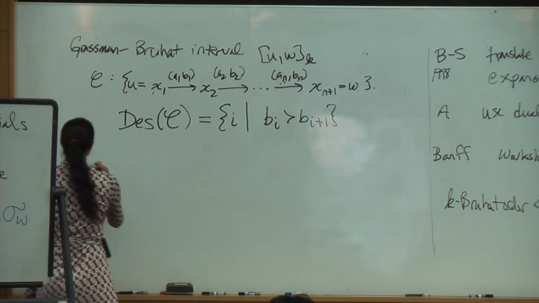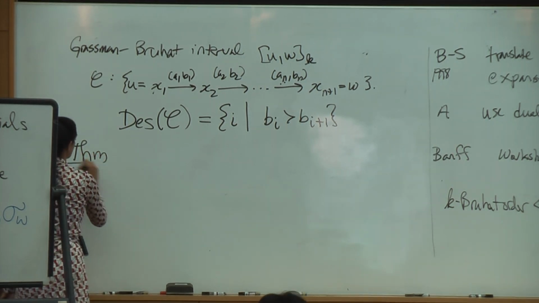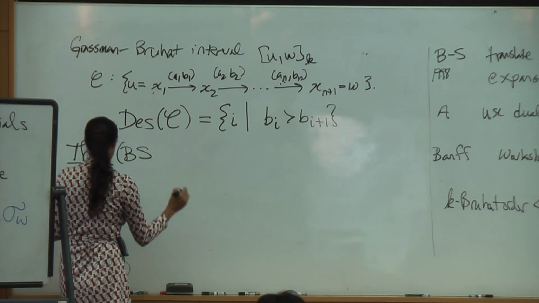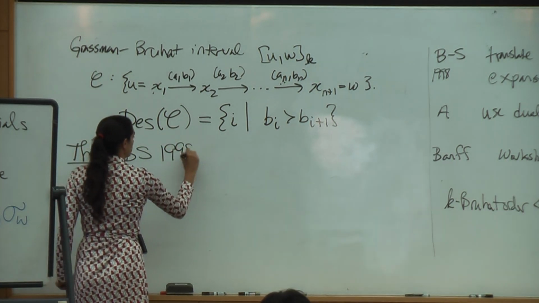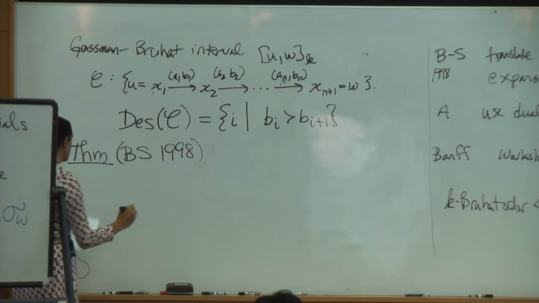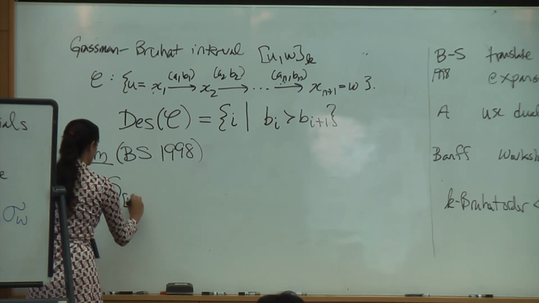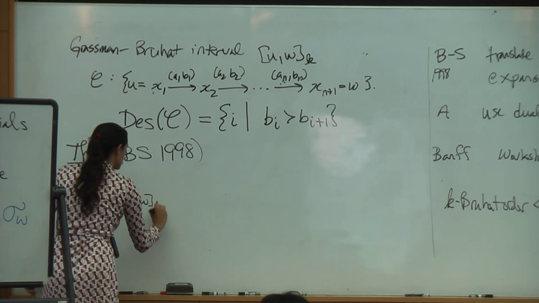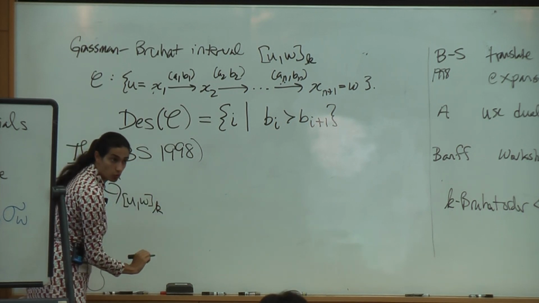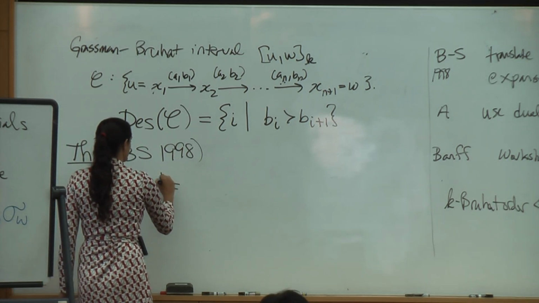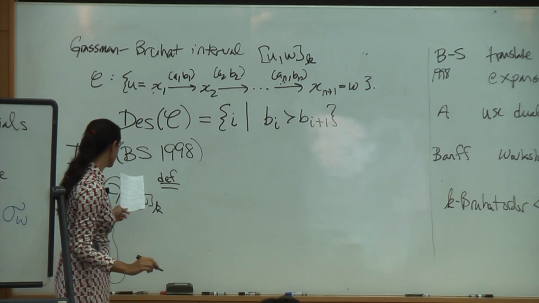So the first theorem, which is from Bergeron and Sottile in 1998, is that my new function G of [u,w] is going to be indexed by an interval in this Grassmannian-Bruhat order. The first half of the definition is a theorem. The first half of the theorem is a definition.